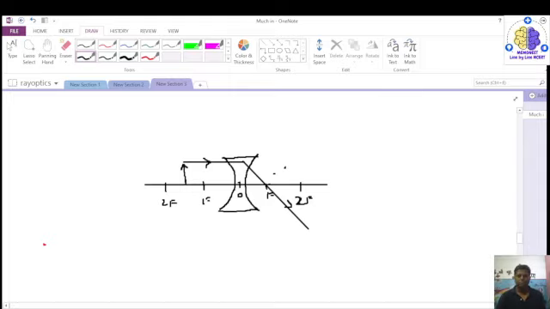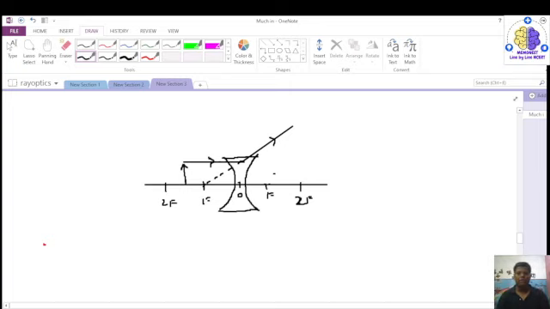Then this would go like this, no? It will get refracted like this, right?